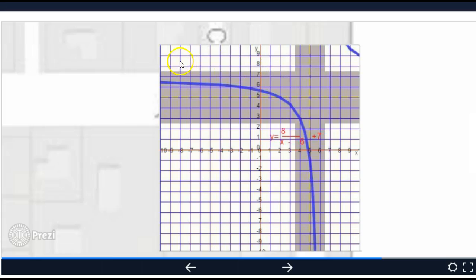So this would be the asymptote about y equals 7 or 8, right? And then the vertical asymptote here would probably be about like x equals 6 or 7, right? So let's verify in the equation that, yeah, look at that. There's the horizontal asymptote, 7, and here is the value of the vertical asymptote, 6, right?